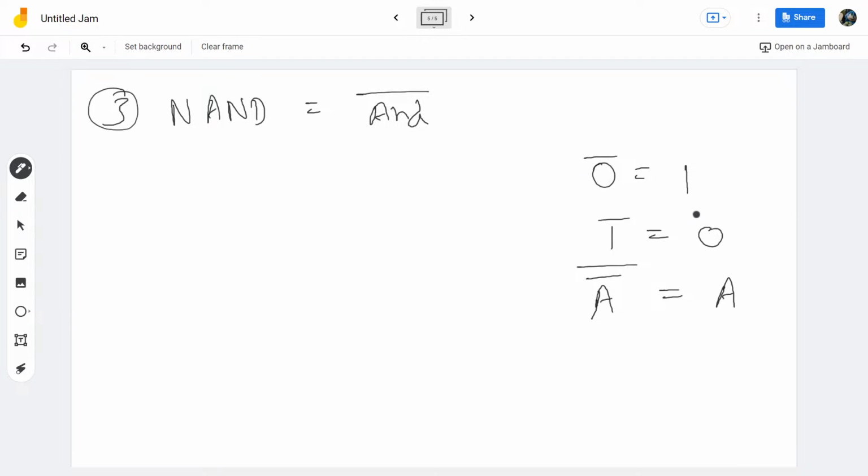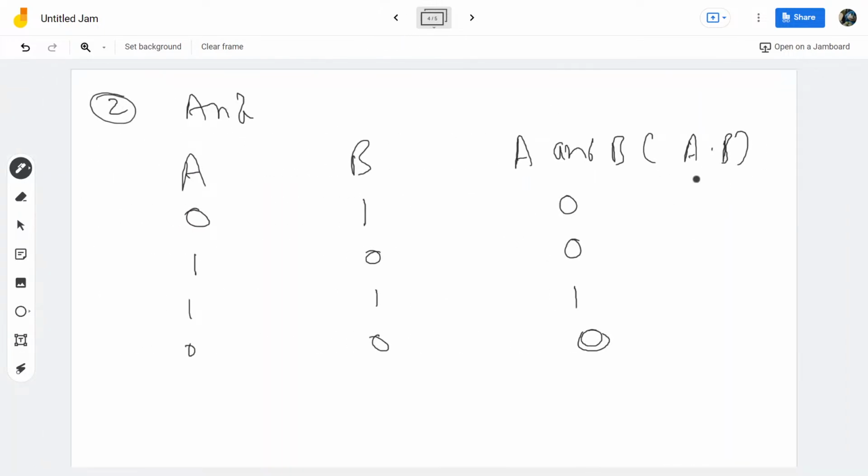So this was basically about complement. In this case also, if I'm taking the NAND operation, then the NAND of this operation, we just erase it.